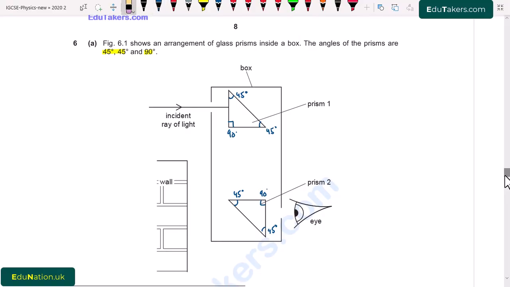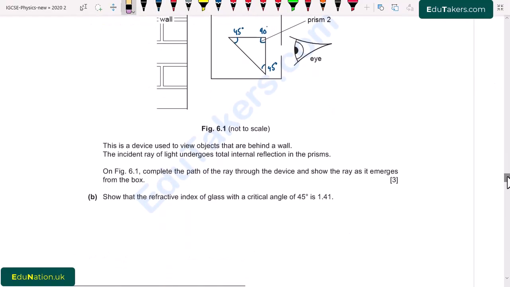In the question we are asked, this is a device used to view objects that are behind a wall. The incident ray of light undergoes total internal reflection in the prism. On figure 6.1, complete the path of the ray through the device and show the ray as it emerges from the box. Here we have to show the path of the ray through the figure. So first of all, you can see the figure.